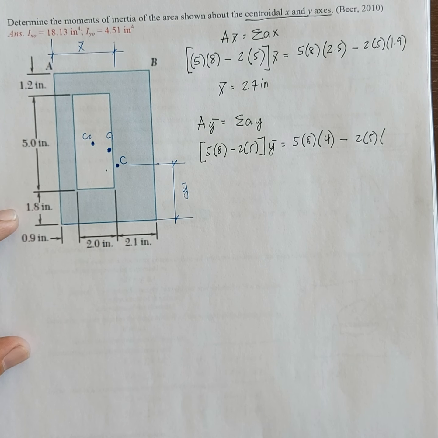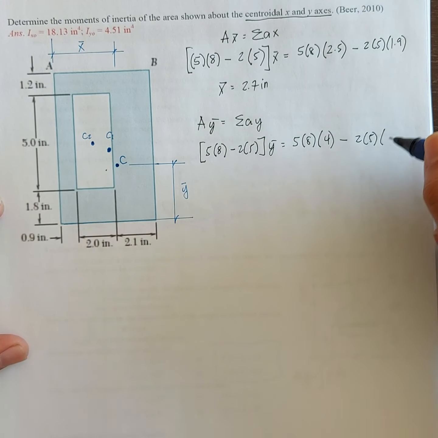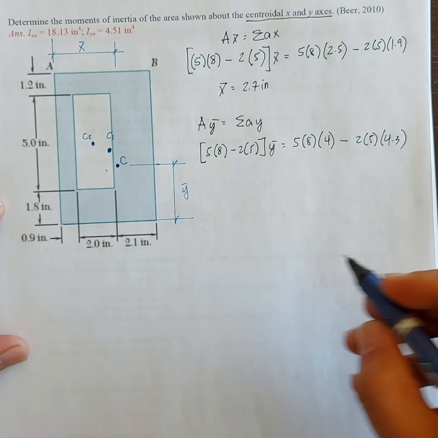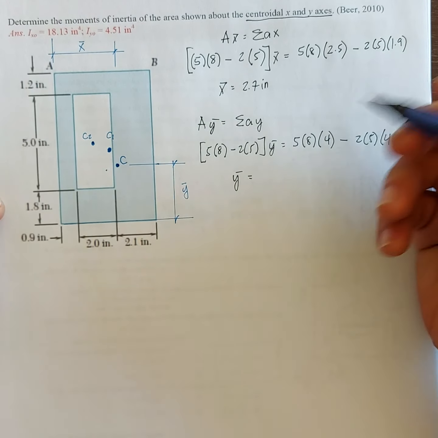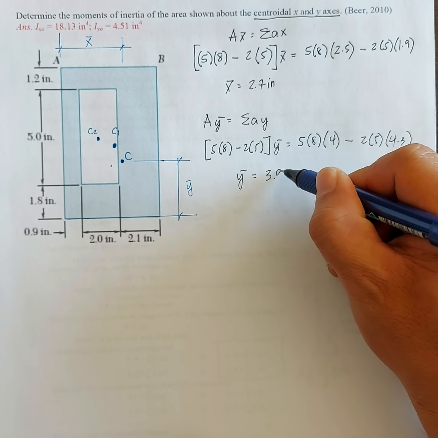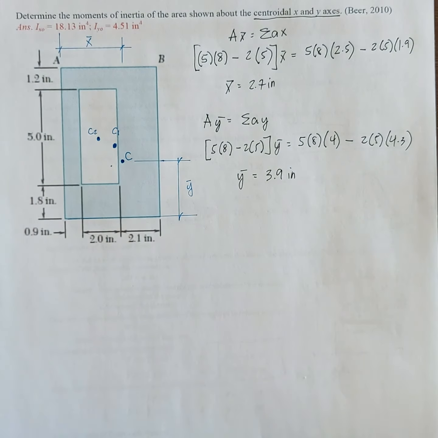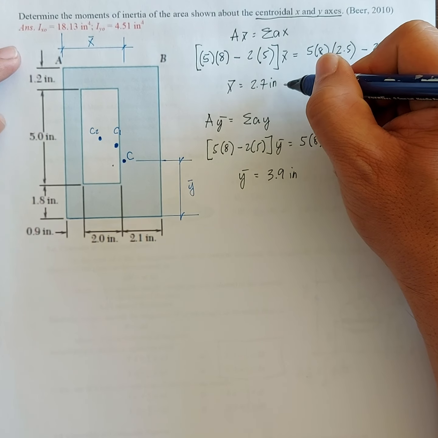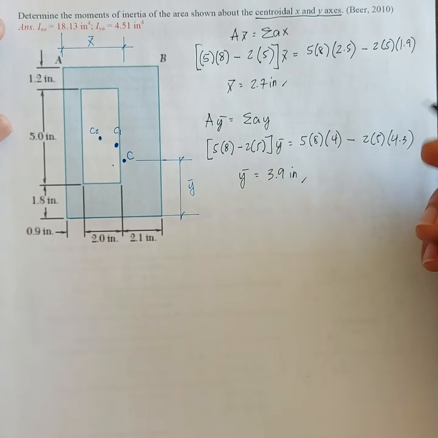Then yun. So, that is 4.3, no? So, y bar natin is equivalent to, okay, y bar is 3.9 inches. Okay? So, solve na tayo. Meron na tayong location ng x bar and y bar.